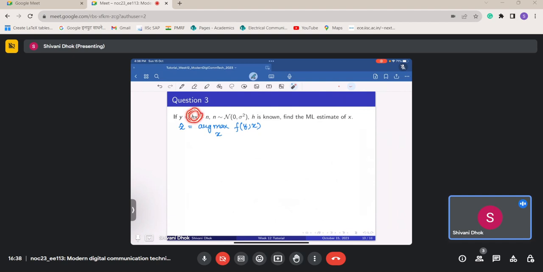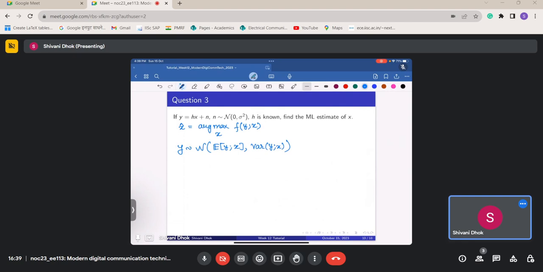So y is only a linear function of a Gaussian random variable, which means that y will also be a Gaussian random variable. So now y will be Gaussian with mean, let's say, expectation of y given x and variance of y given x.